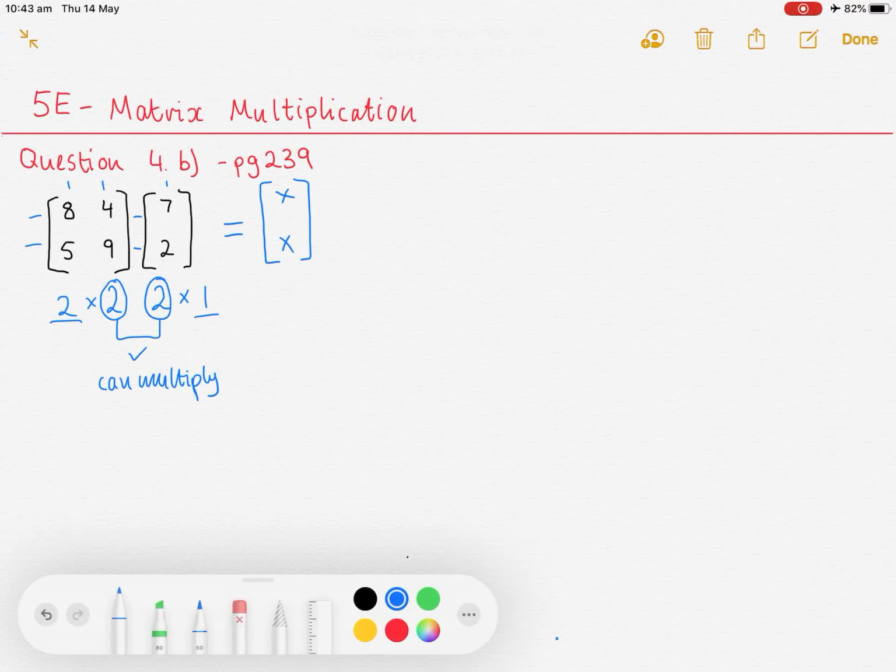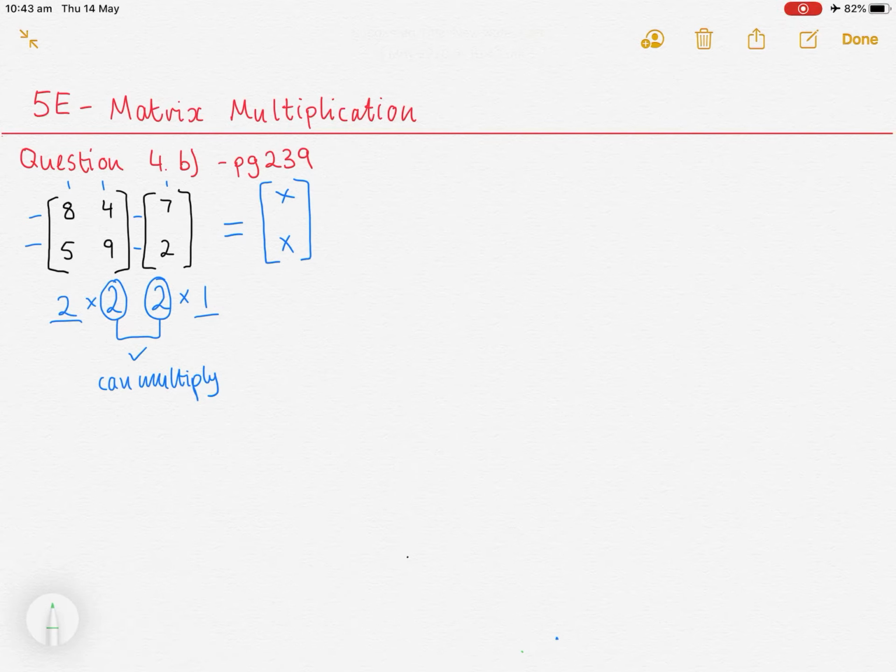So let's go with the green. Okay, equals. We need to find this element, the first element here. Okay, to find that element, you get the first row and the first column.